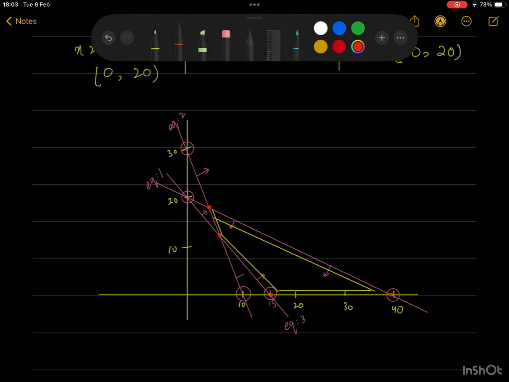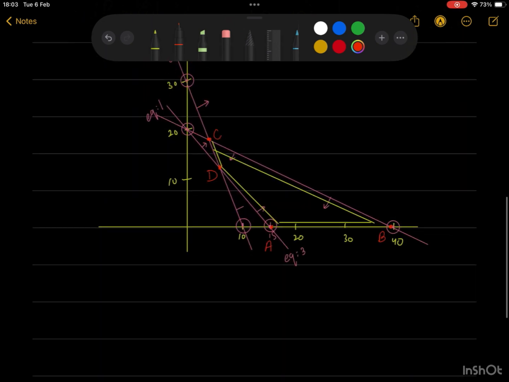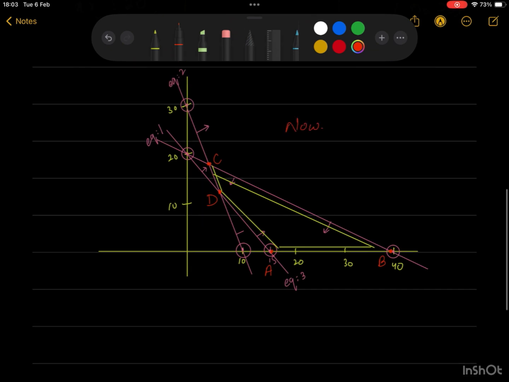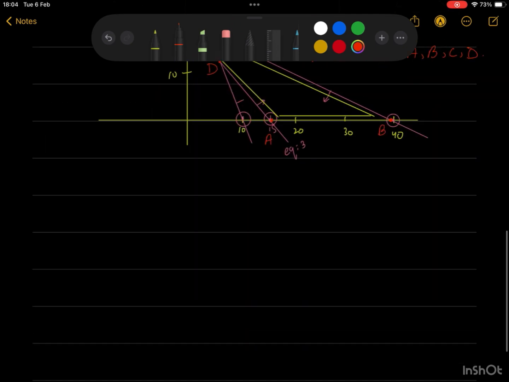Now we're going to name them point A, point B, point C, and point D. From now on, we have to find point A, point B, point C, and point D. We can clearly see that point A and point B can be obtained easily, but for point C and D, we have to solve the equations simultaneously.